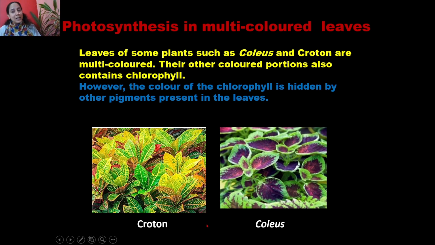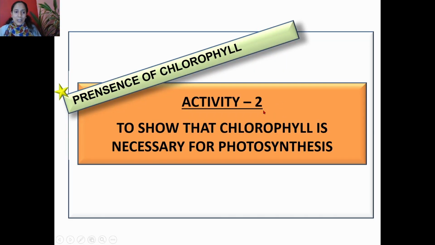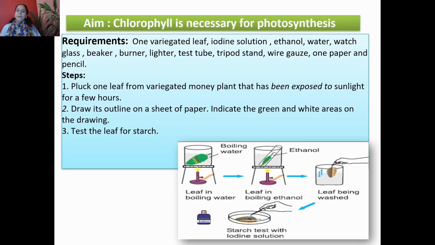And for that, I'll take you to the next activity. It's the presence of chlorophyll. That is a must. It's our third activity. So the presence of chlorophyll is a must for photosynthesis. For that, again, we need one variegated leaf. And I want to show you a few variegated leaves also. I mentioned croton and coleus, but we have many others, like I'm holding Dracaena.